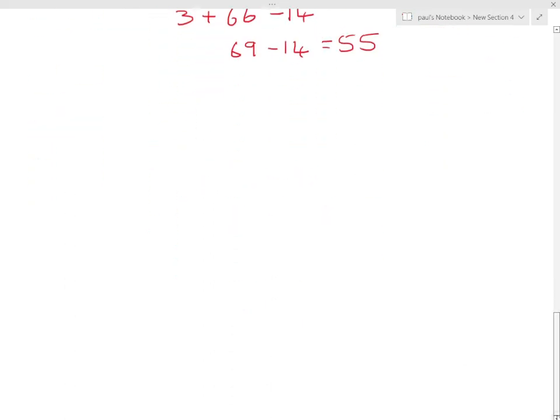So let's have a look at this last one. Here's a huge square root sign. I'll explain what square roots are in a second. 4 plus 6 times 12 minus 2. So everything is square rooted.